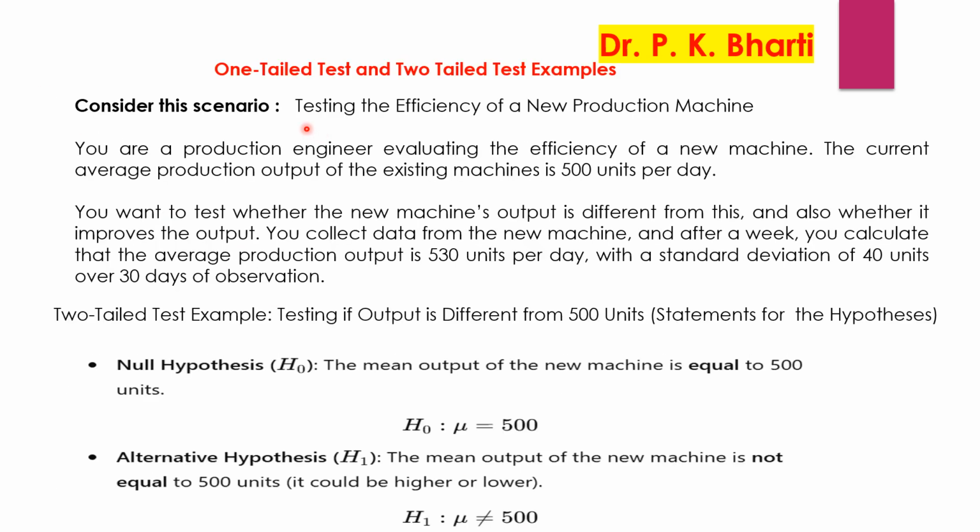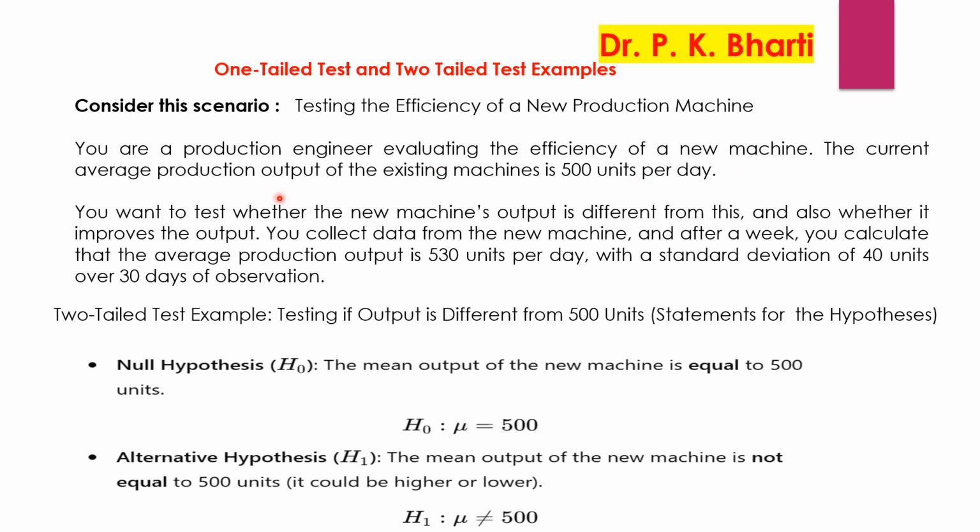One common problem faced while performing test of significance is the difference between one-tailed test and two-tailed test. So here we will try to understand one-tailed test and two-tailed test with the help of an example. Consider this scenario: the efficiency of a new production machine is being tested, and you are a production engineer evaluating the efficiency of a new machine.